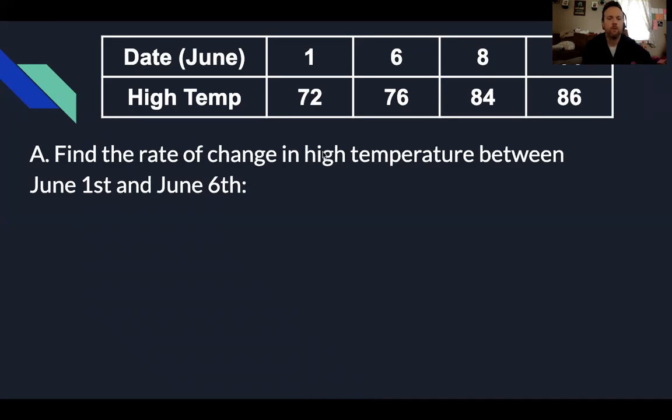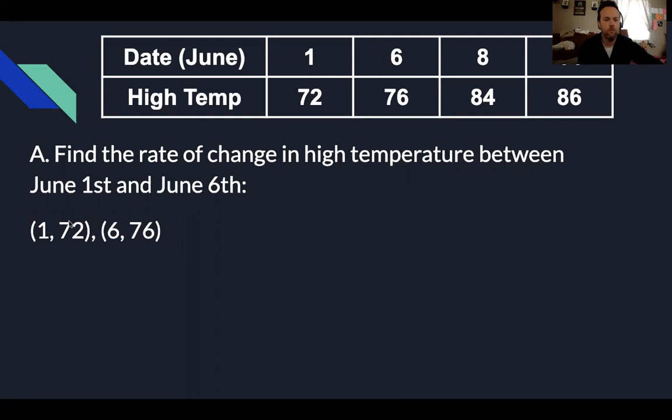So let's look. We're going to find first the rate of change in high temperatures. Because we know that every day there's a low temperature and there's a high temperature, this is the high temperatures for each of these days in June. So first we're going to look at the rate of change in these high temperatures between the 1st and the 6th. If we look at this like coordinates, the dates would be our x coordinates and the temperatures would be our y coordinates.